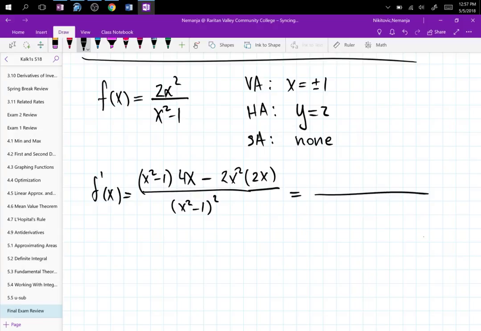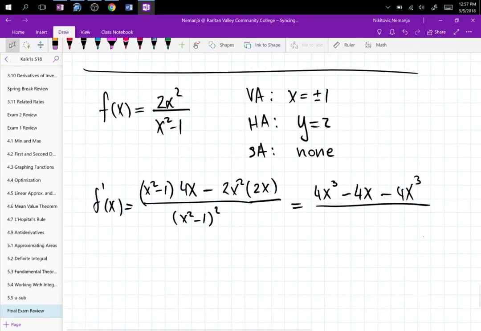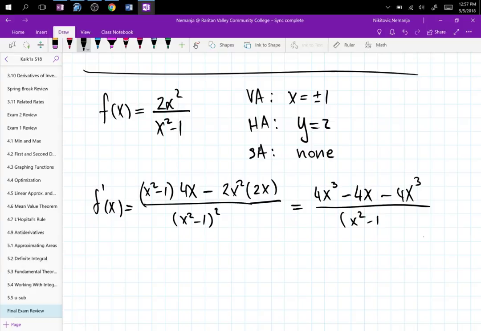When we FOIL everything and distribute everything in the numerator, we get 4x cubed minus 4x. On 2 or 3 exams, students put just 4 when it's 4x. It's 1 times 4x, you get 4x there. And then minus 4x cubed over x squared minus 1 squared.